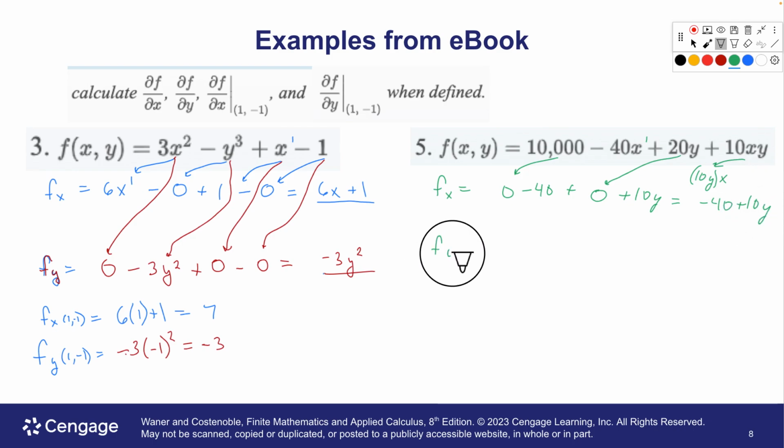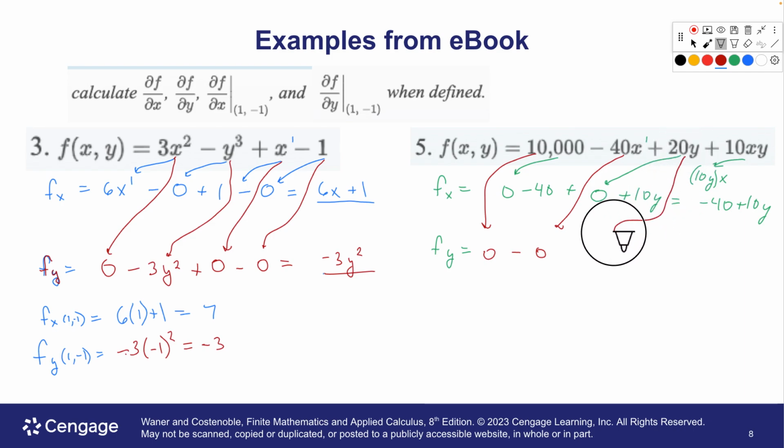The derivative with respect to y, 10,000, its derivative is still 0. Derivative of negative 40x, that will be 0 because x is a constant. Derivative of 20y will be plus 20, y to the 0, which is 1.